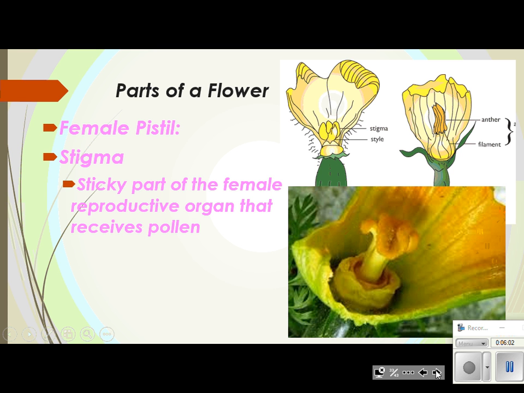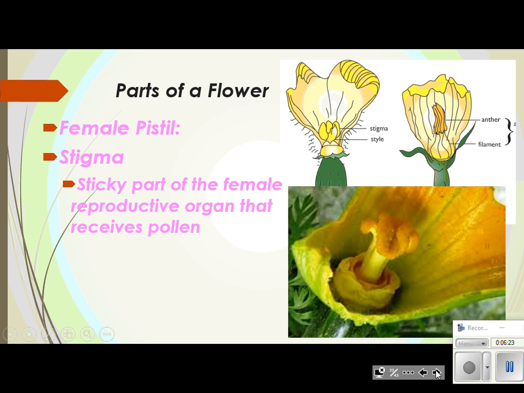If we would group the entire female reproductive parts of a flower, we would call that the pistil. The pistil consists of three parts that we're going to discuss here today.